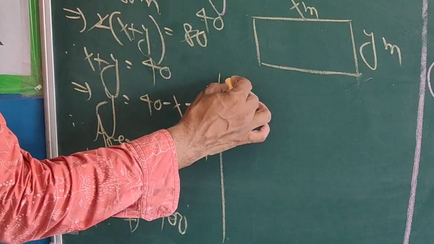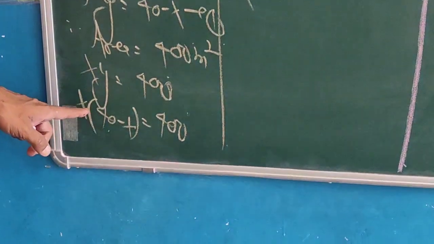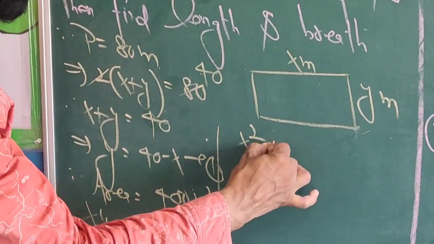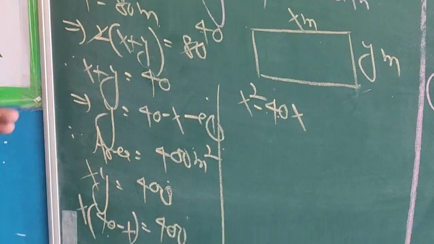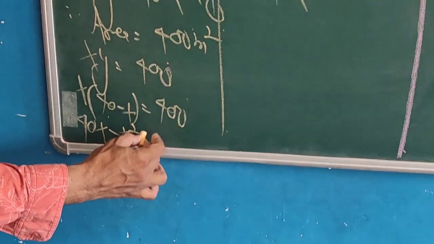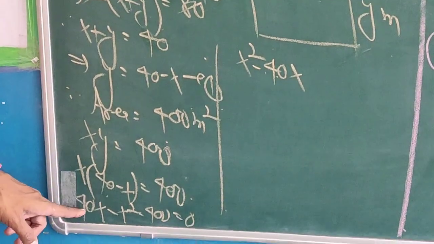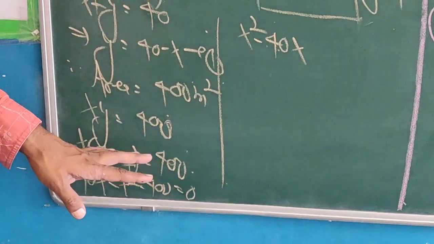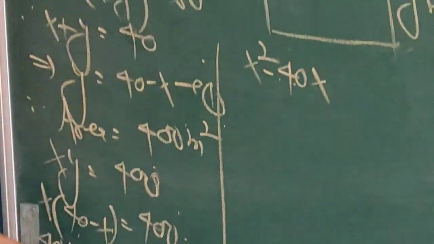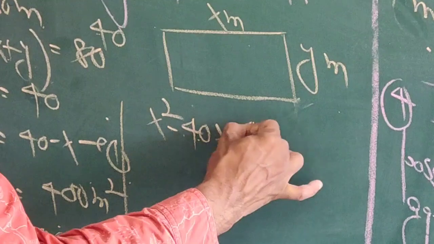And by solving we get x into 40 minus x, so it is 40x minus x square minus 400 equal to 0. Now taking minus common from the whole equation, we get x square minus 40x plus 400 equal to 0.